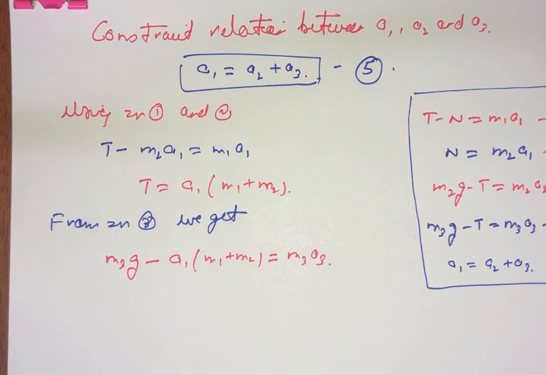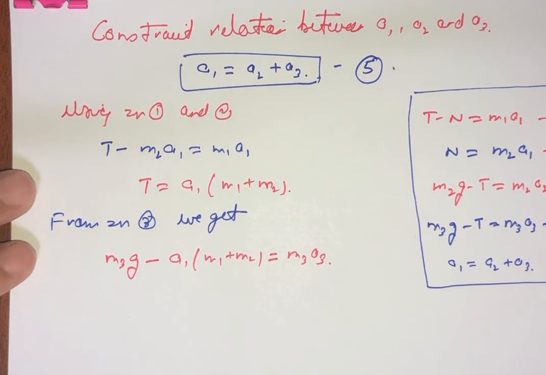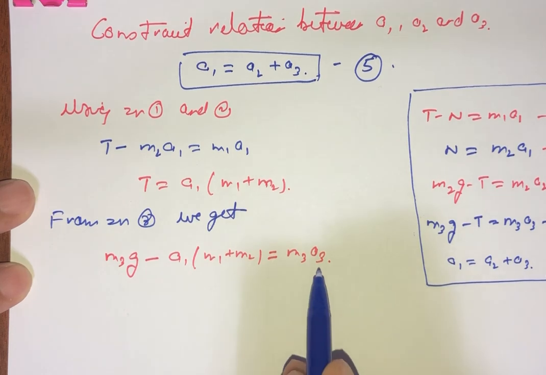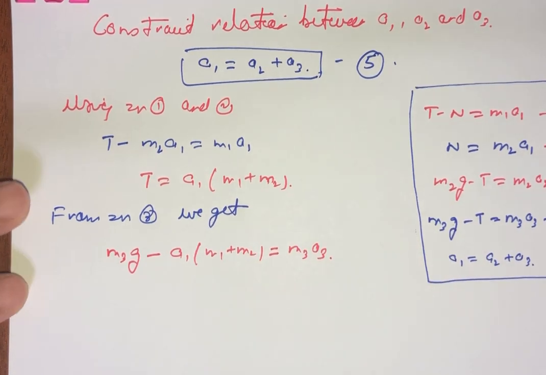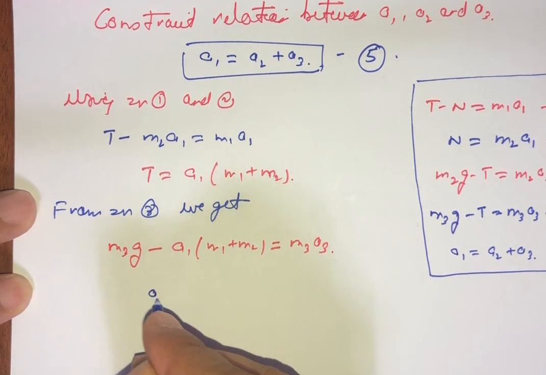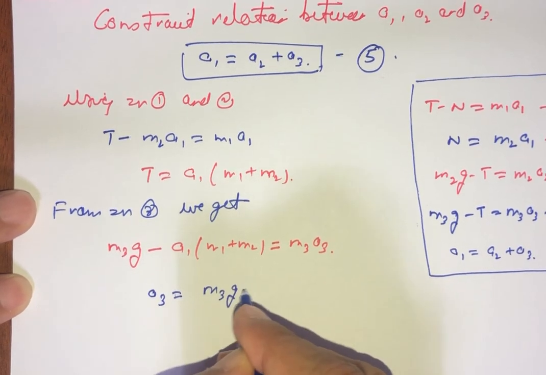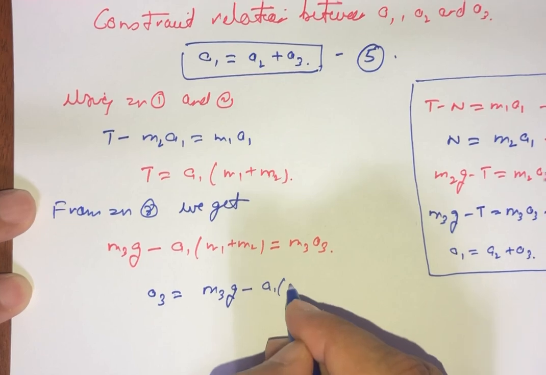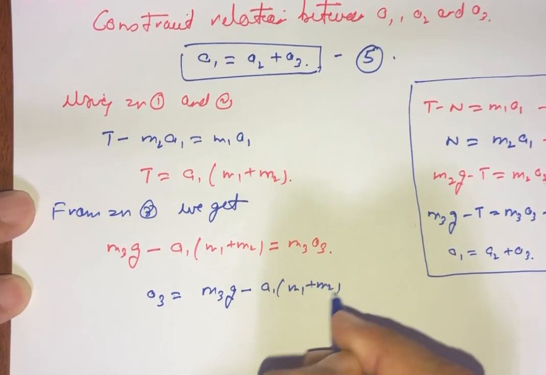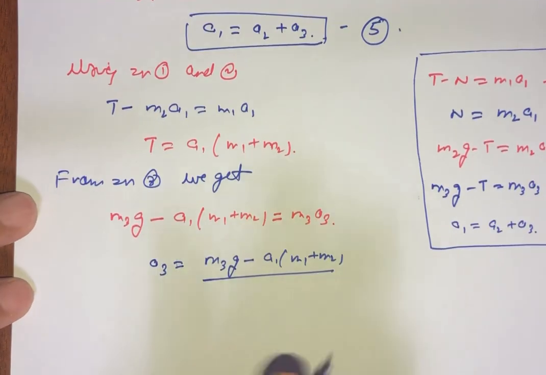And from this we can further write that a3 is equal to (m3 g minus a1 (m1 plus m2)) divided by m3.